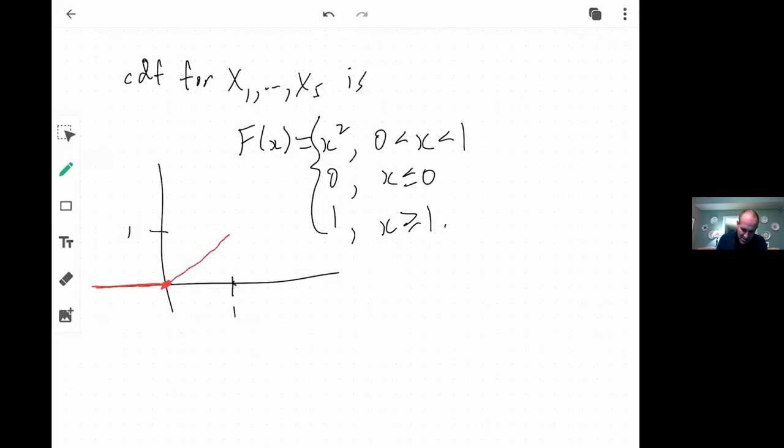Actually, hang on a second, that is not how this thing looks. It's a parabola, like this, and then it's equal to 1 after this. There we go.